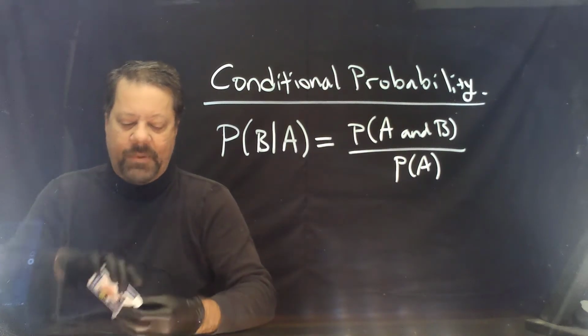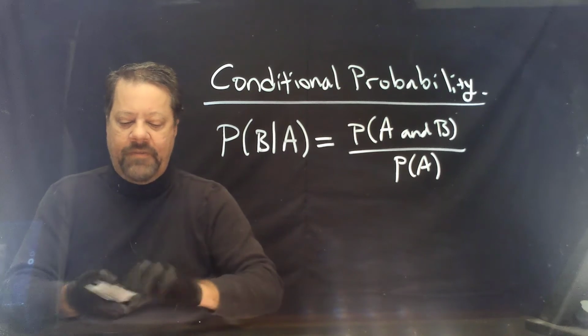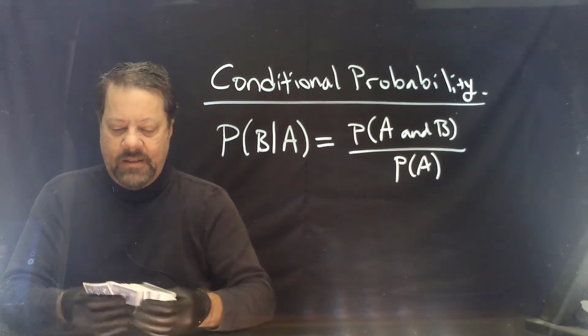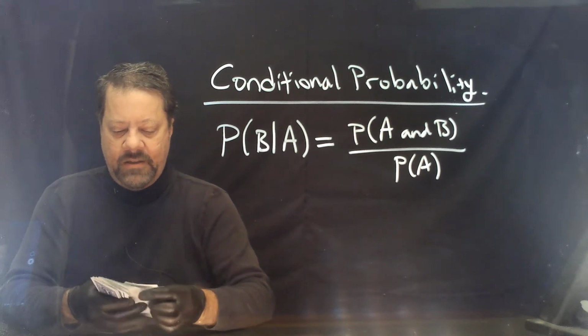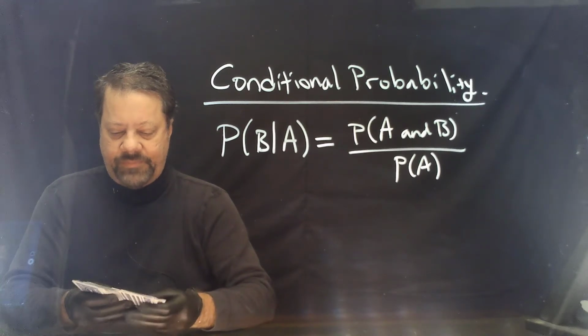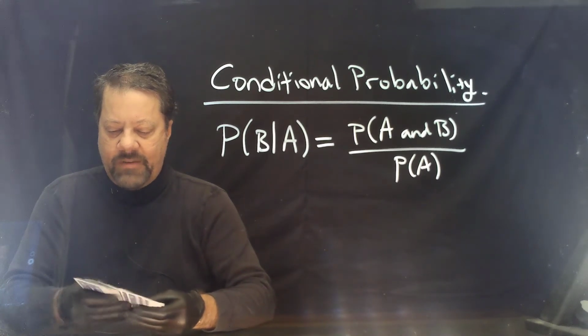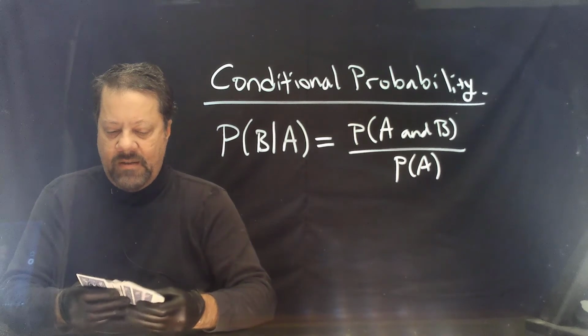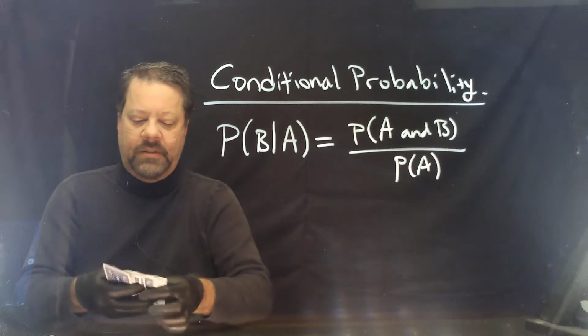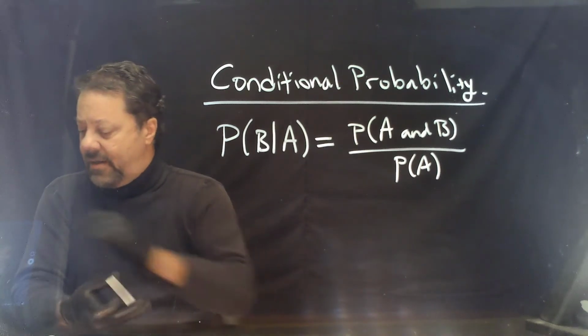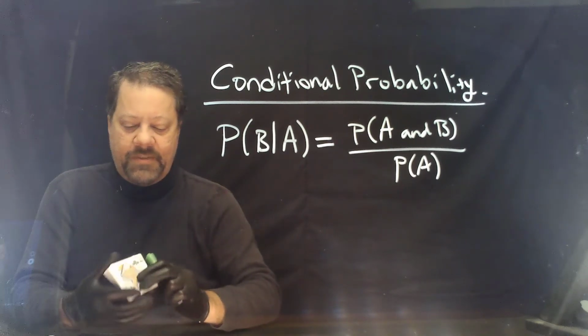As another example, we'll consider a fair deck of cards. I'll take the jokers out, so the jokers are not part of this. Now, these cards have various symbols on them.